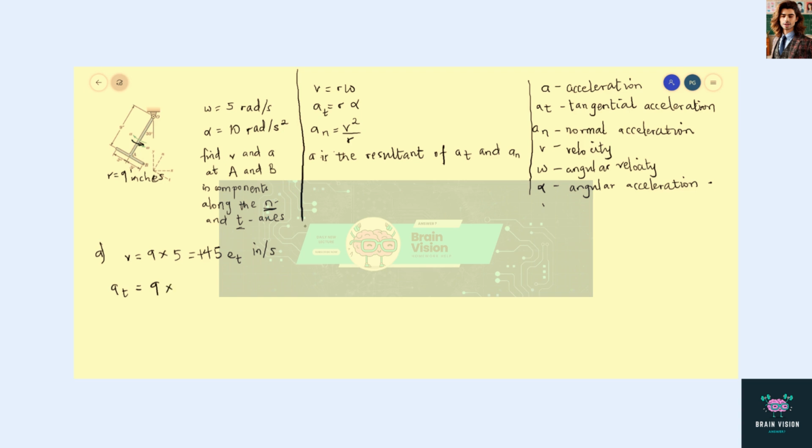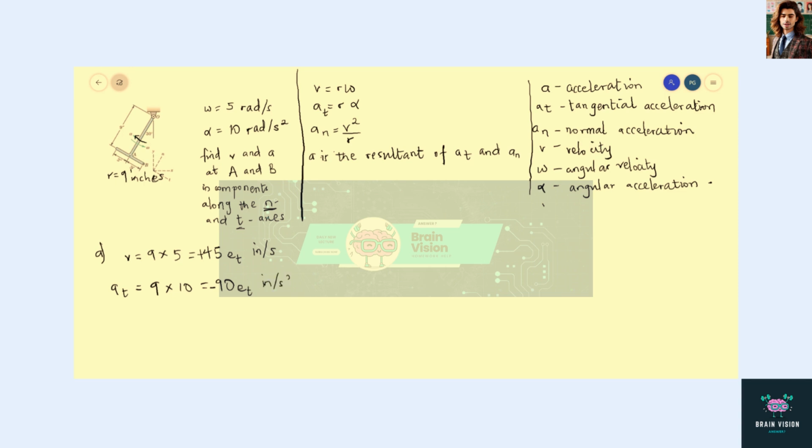So that's 90. Now the direction: the acceleration is directed towards this, and we can see that this is a negative t, so this is going to be minus et, in inches per second squared.